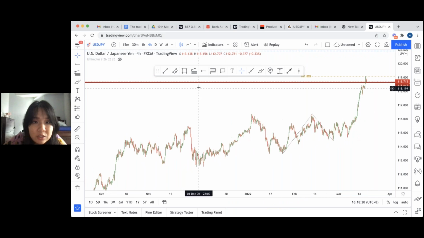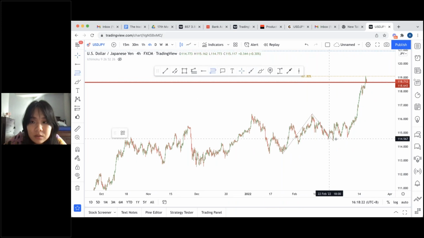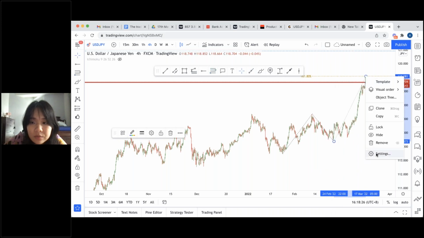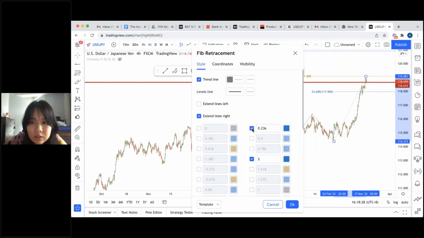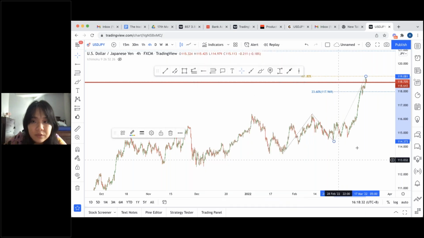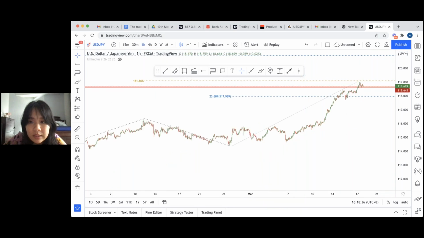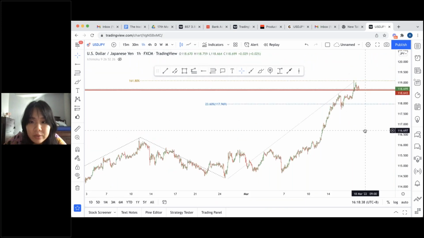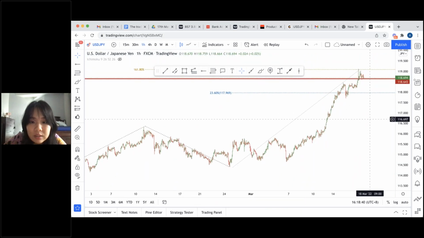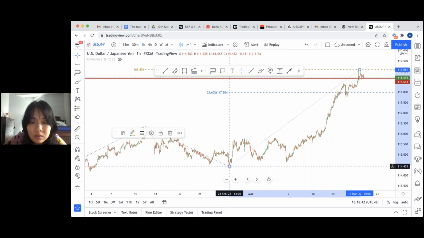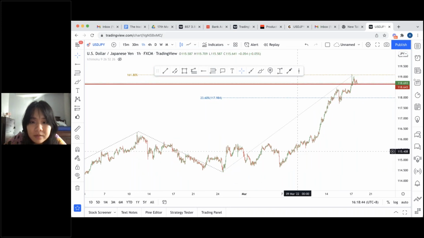If there's a reaction, I think we can look to trade to the graphical swing. Now we are on the hourly, and this is already overextended.